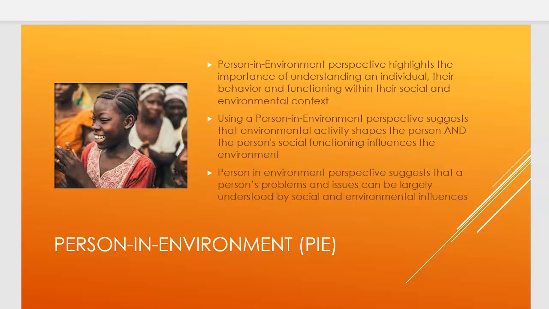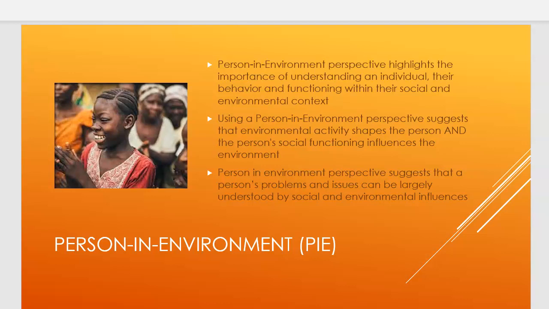Person and environment perspective suggests that a person's problems, issues, concerns, challenges can be largely understood by social and environmental influences. This is really important.